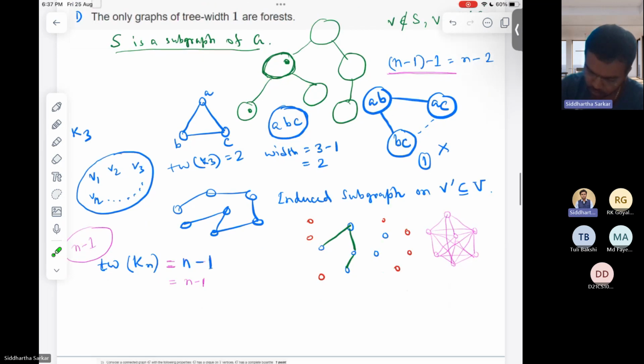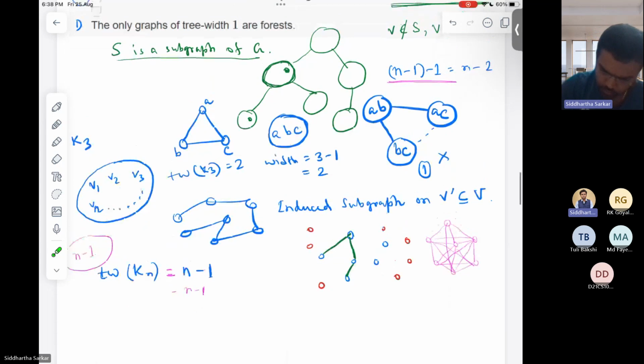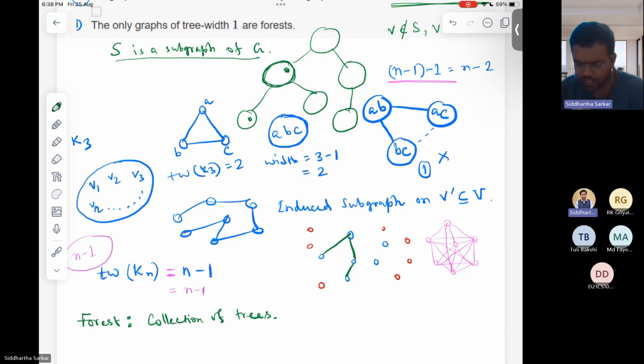So what is the definition of forest? I think we have to first see the definition. So what is a forest? A collection of trees. That means it is not necessary that there is only one connected component.